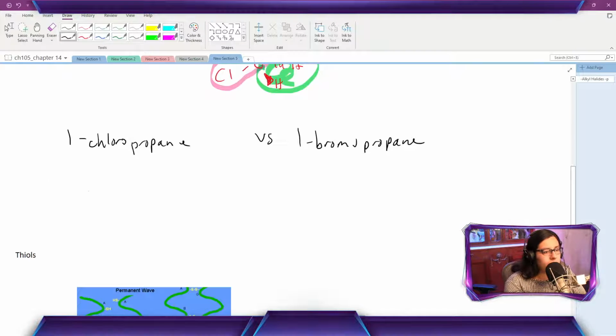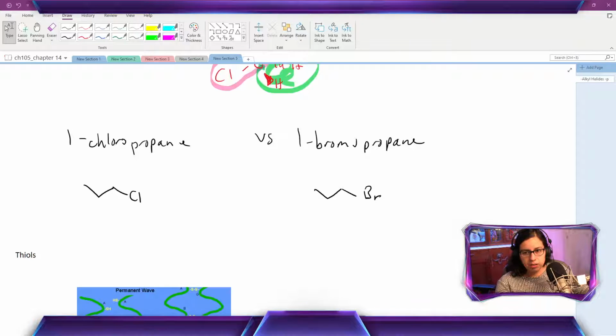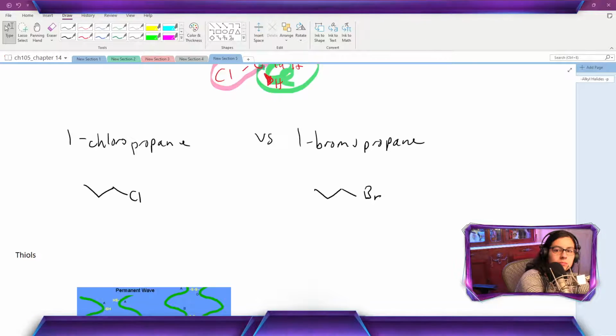So propane, 1, 2, 3, Cl, 1, 2, 3, Br. And so you have this difference in molecular weight. So let's look that up.